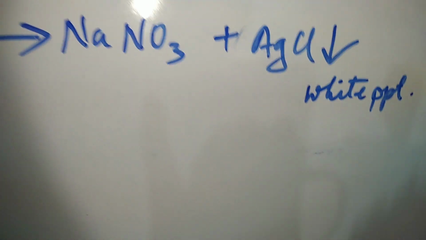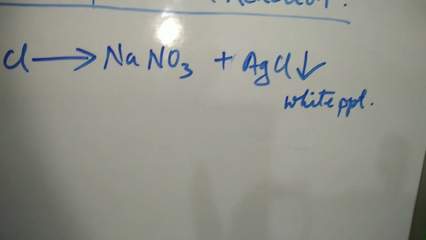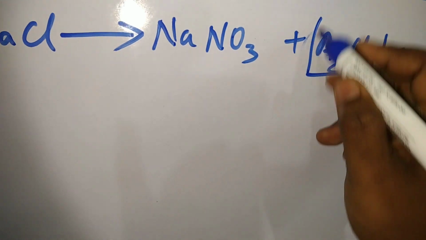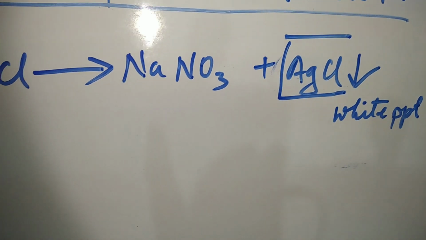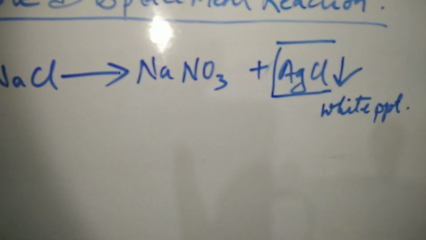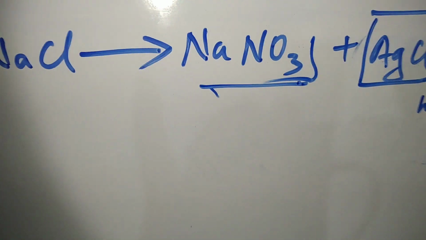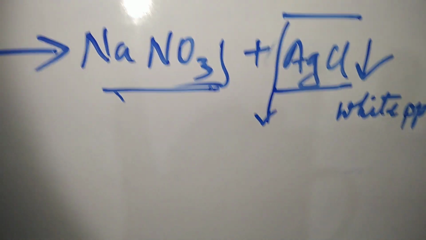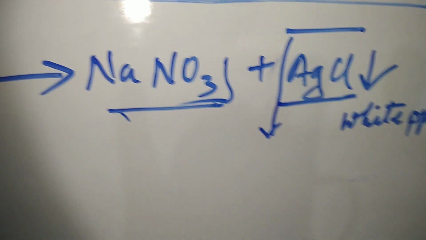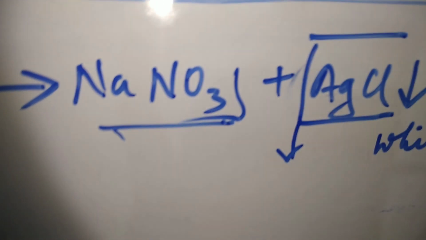PPT is the abbreviation for the precipitate, and this downwards arrow is the symbol for the precipitation. See, basically AgCl doesn't dissolve in water, it is an insoluble salt. That's why when the ions exchange with each other on the reactant side, it forms NaNO3 in aqueous form, and this ionic salt is formed as the solid, since it is not dissolved in water. And why is it not dissolved in water?